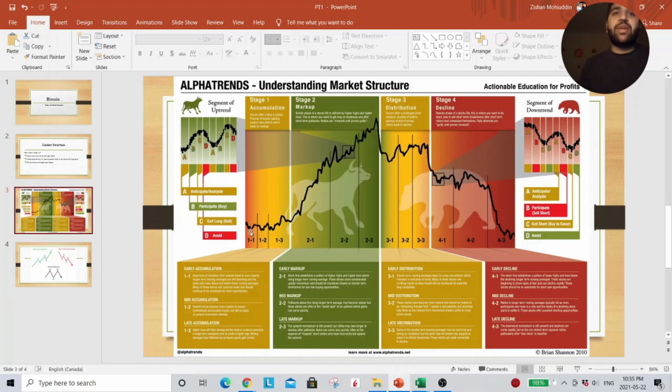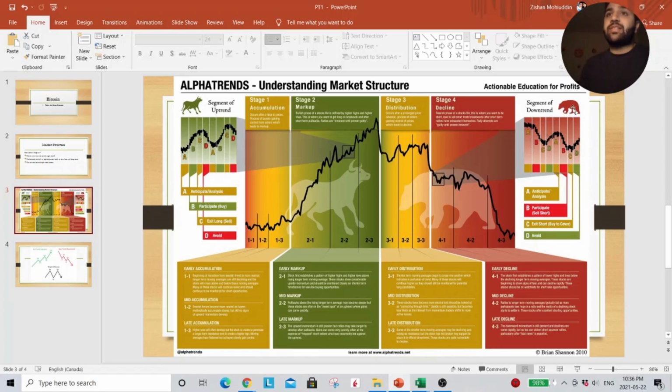And as we start to break this range, guys, you're going to notice the markup, which is the start of an uptrend and the break of the range of the accumulation area. And all dips here are being bought. And then it's followed by a distribution stage where it's not making any significant higher highs or any lows. And this is where the sellers start coming in and anticipating a breakdown.